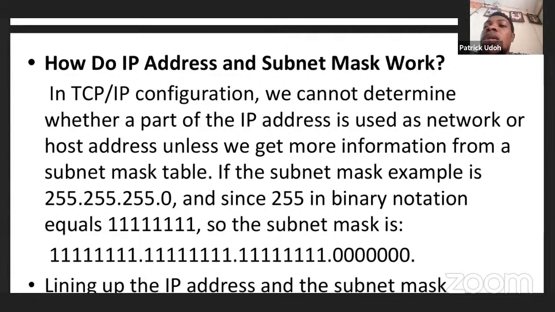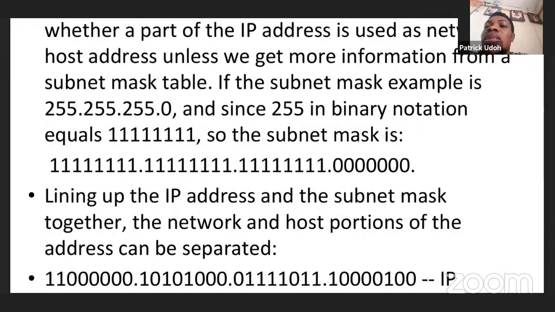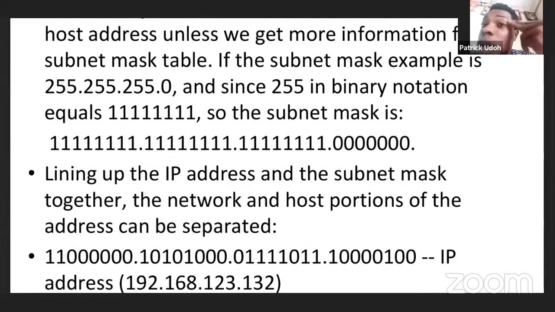If the subnet mask example is 255.255.255.0, which corresponds to /24, since 255 in binary notation equals eight 1s, the subnet mask is 11111111.11111111.11111111.00000000.